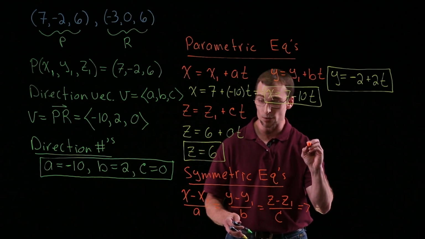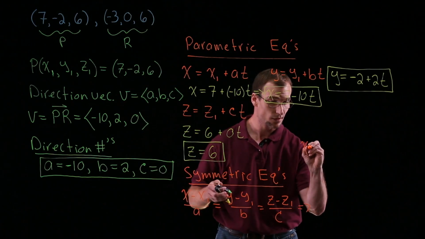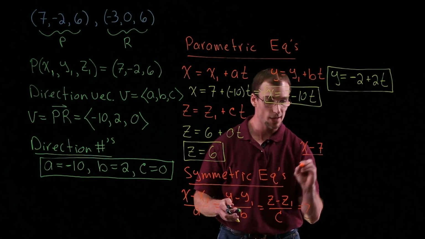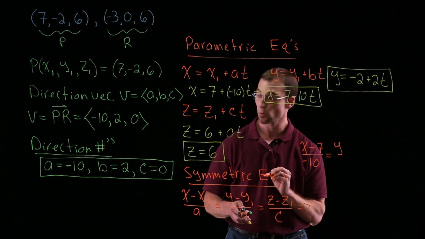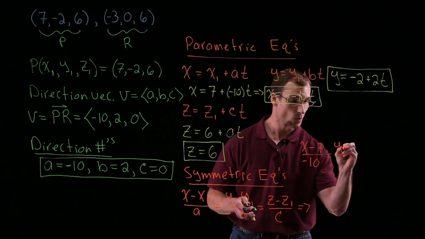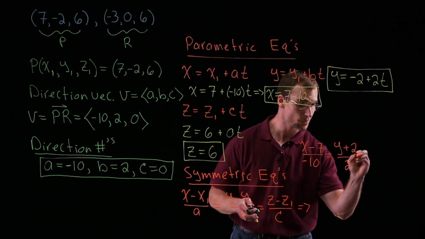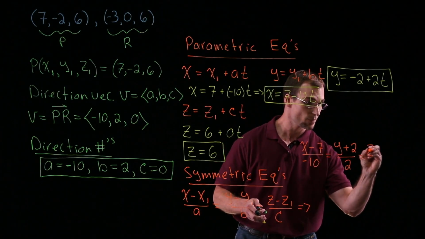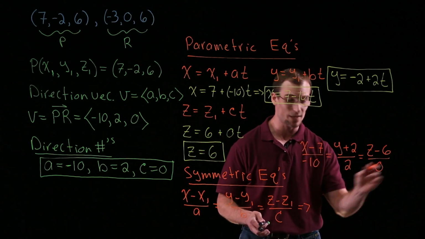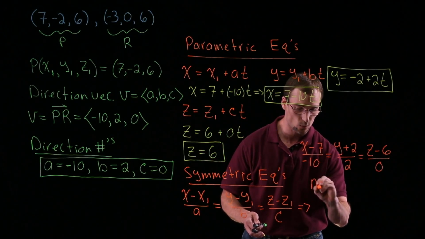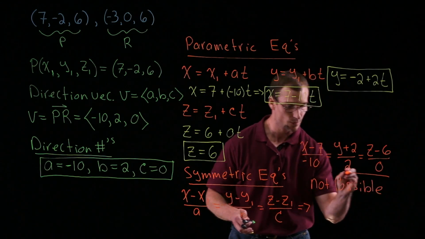So if we start trying to fill this in, we have x minus x1, where x1 is 7, so x minus 7 over a, which is negative 10, equal to y minus y1, or y plus 2, over b, which is positive 2, and that's equal to z minus z1, or z minus 6, over 0. And since we can't divide by 0, technically we can't find this set of equations, so our symmetric equations are not going to be possible.